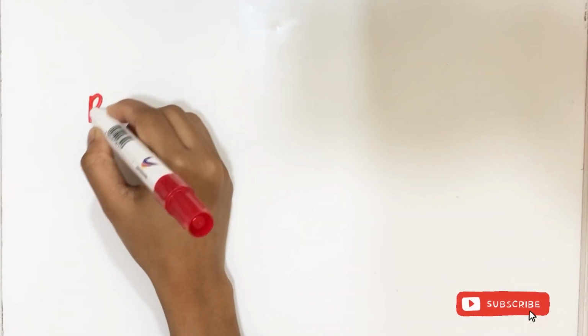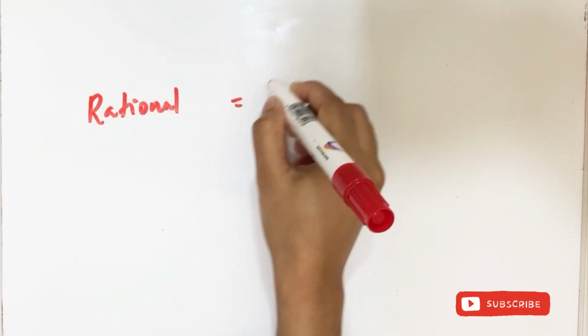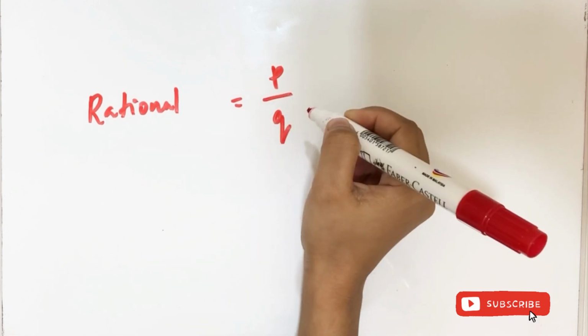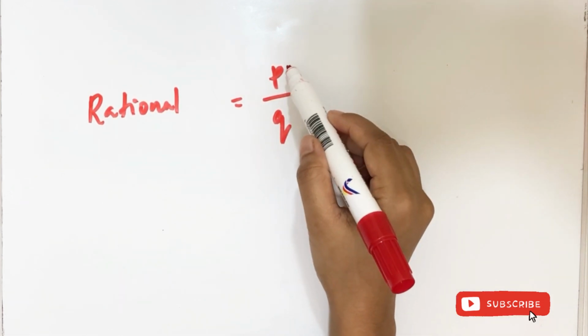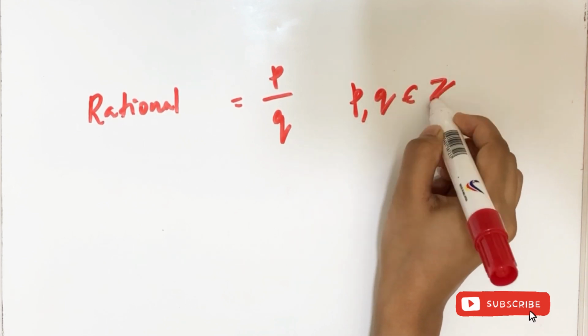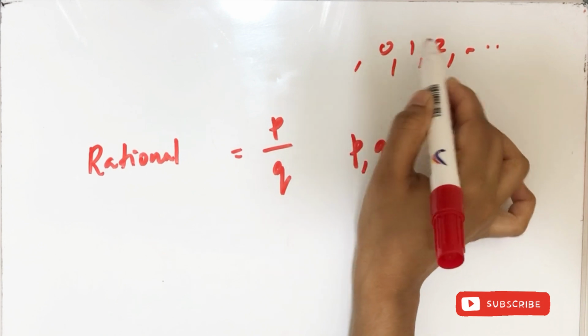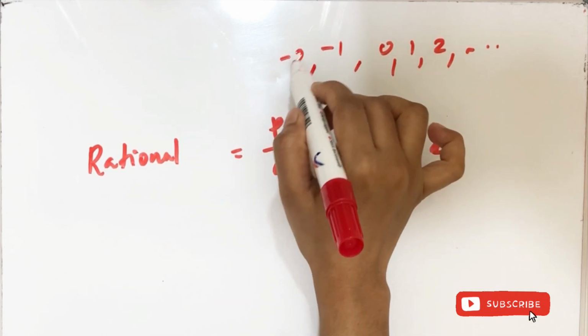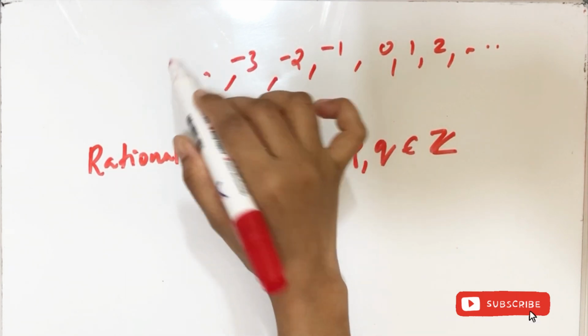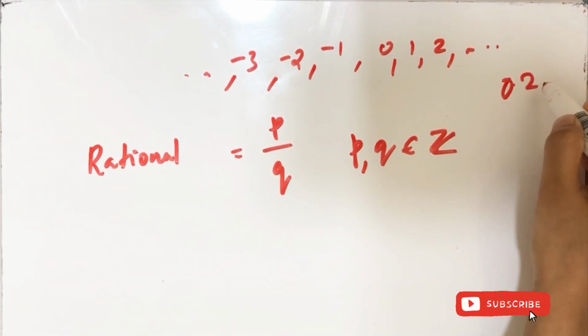So what are rational numbers? Rational numbers are any numbers that can be written in the form p over q, where p and q are integers. What are integers? Integers are the numbers 0, 1, 2, etc., and also their negatives, negative 1, negative 2, negative 3, etc. This is the set of integers. Is 0.2 an integer?